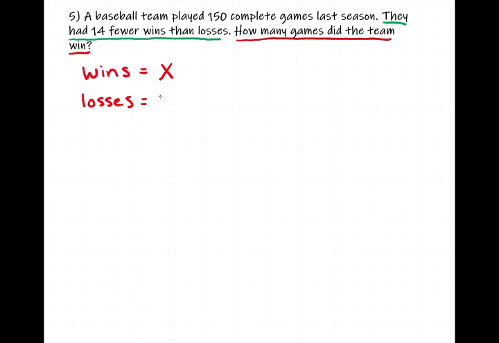And if the number of wins is X, and the wins are 14 less than the losses, then the losses are 14 more than the wins. So we could call the number of losses X plus 14. So now you can see, if the wins are X and the losses are X plus 14, the number of wins is indeed 14 fewer than the number of losses.